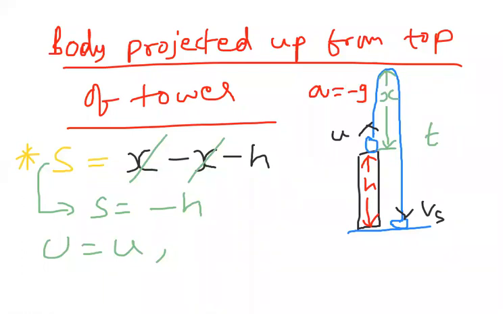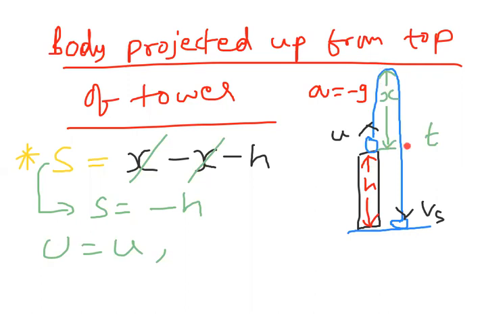Don't think that while going up it is minus g and while coming down it is plus g. No need of that information, because we are not treating up and down individually. We treat this as a single motion, one single motion with the two displacements from here to here.